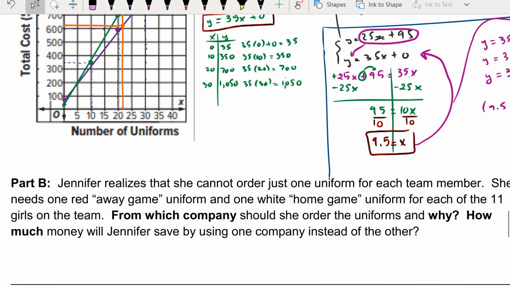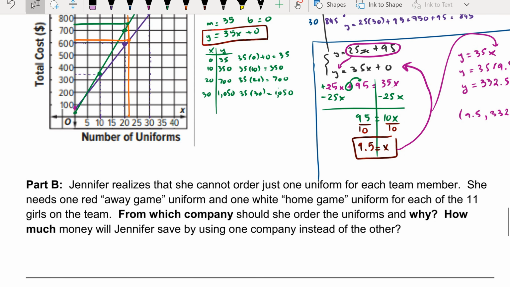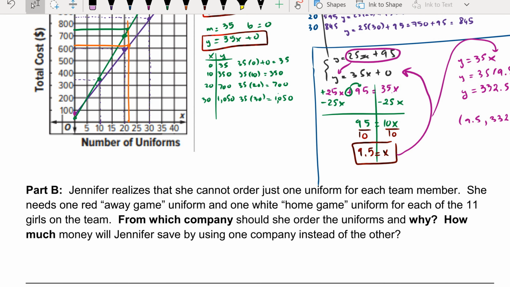So for which company should she order the uniform and why? Based on the graph, she should order the uniform from Unique for Me, because the purple line is lower than the green line, and by estimation they charge you about 625 instead of 750 for the other one.